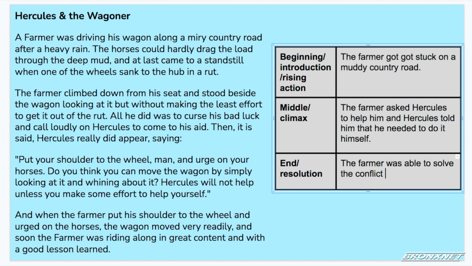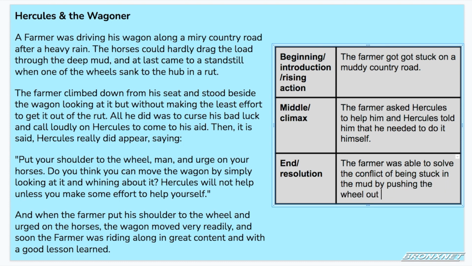How did they do that? So they were able to solve the conflict of being stopped or stuck, that's a better word, stuck in the mud, by pushing the wheel out of the mud.